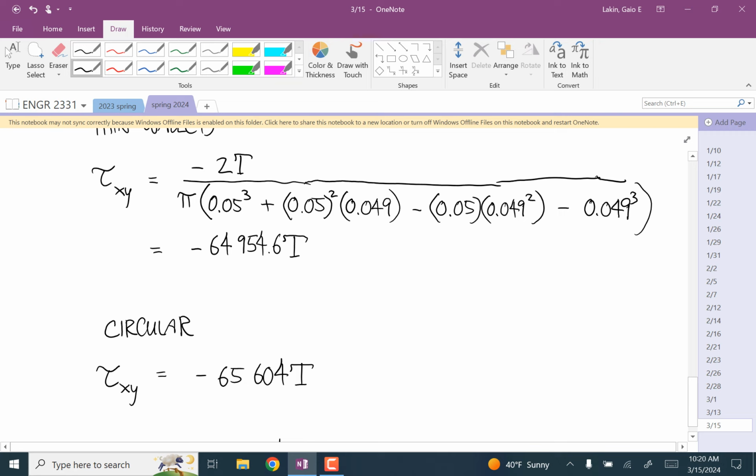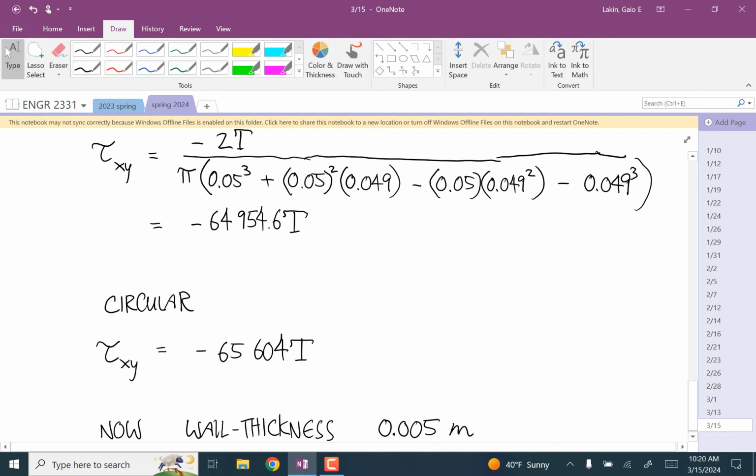So somewhere in between the inner and the outer wall, this circular calculation matches the thin-walled approximation. The thin-walled approximation assumes that it's the same all the way through the thickness. The circular approximation assumes it varies by that rho value as you go through the thickness.